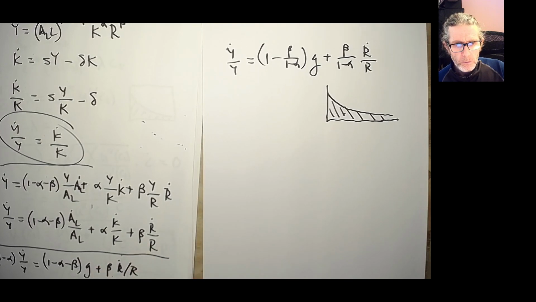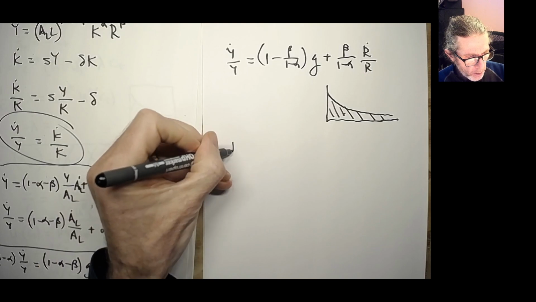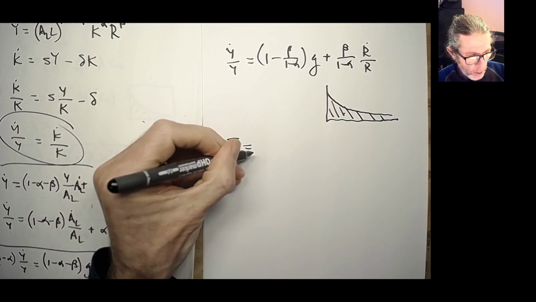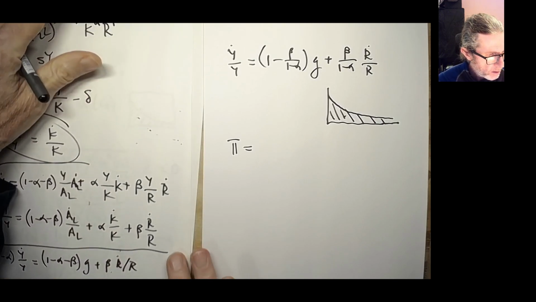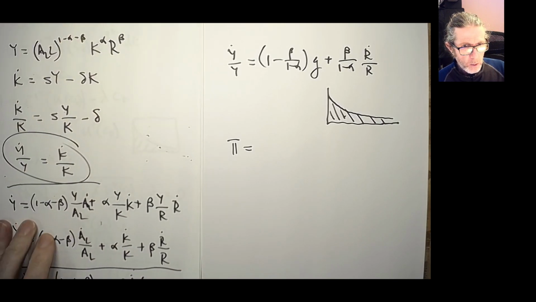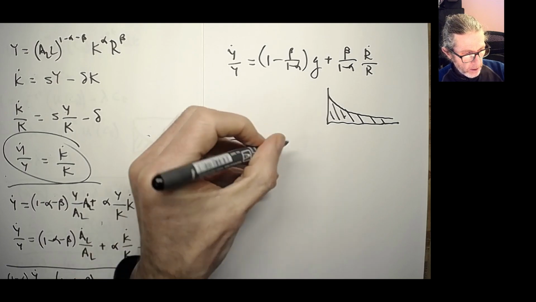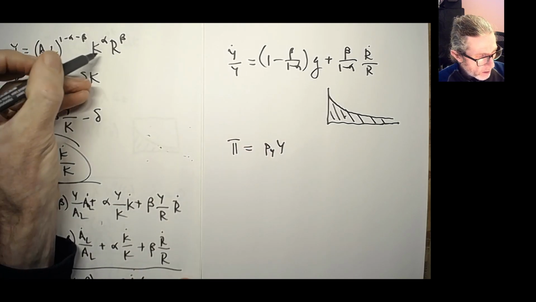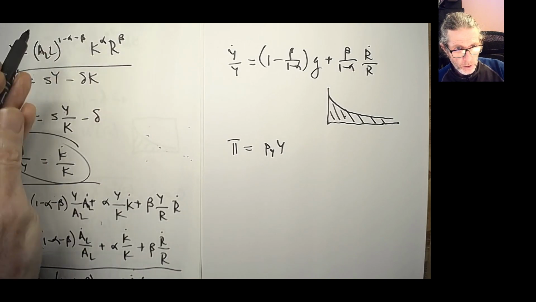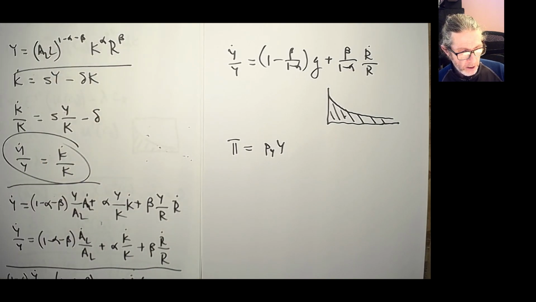So we want to set up the profit maximization problem of a representative final good producer, where the profits is PY times y, where y is given by this. Okay, I just want to save ink by not writing that out.